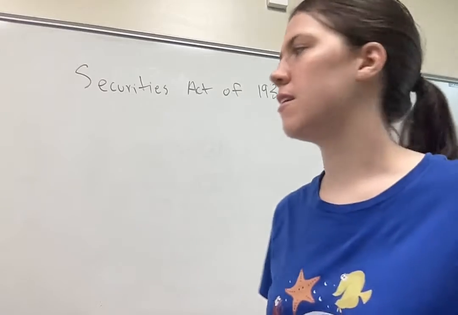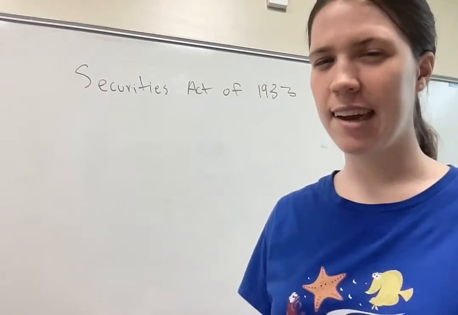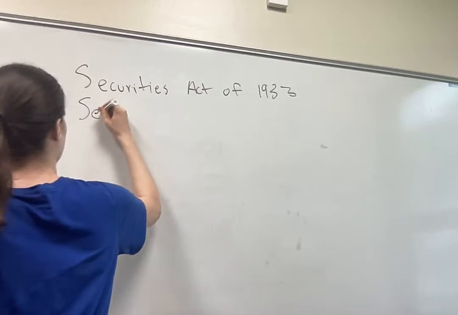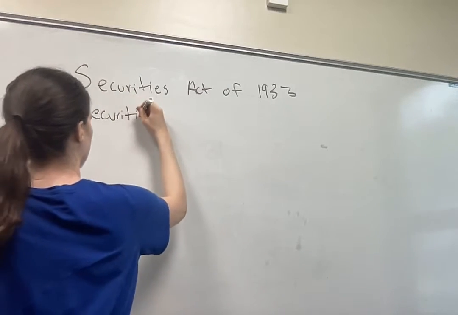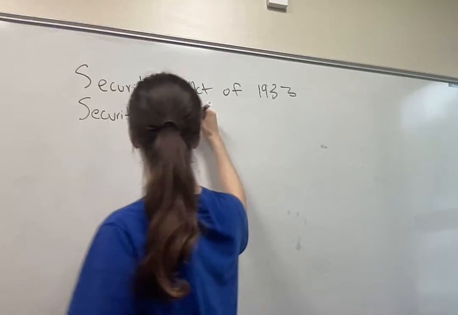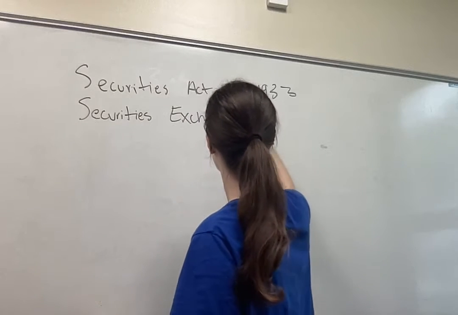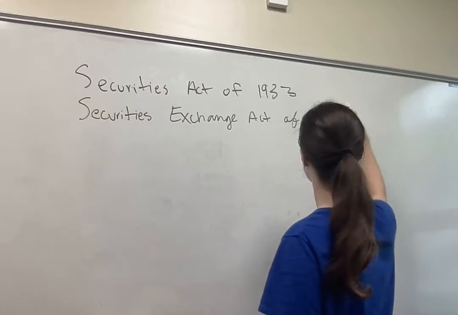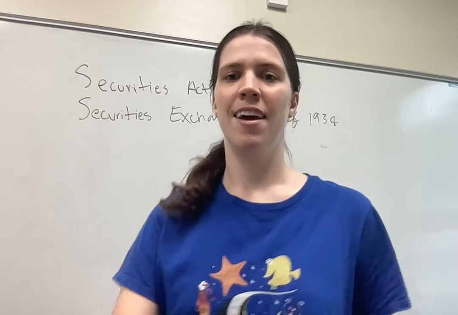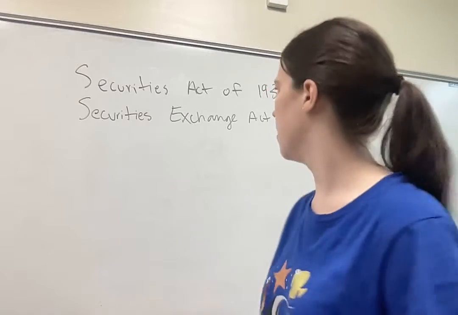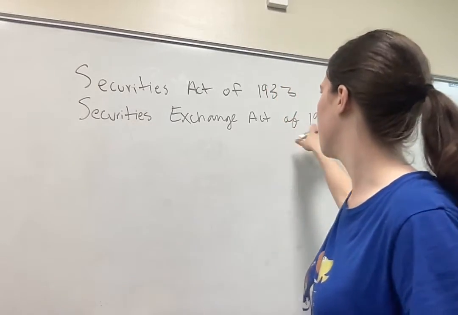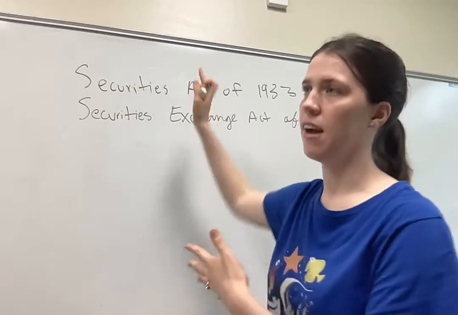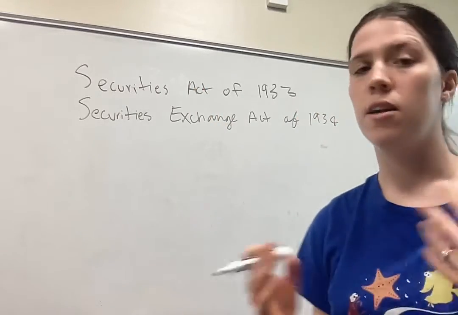The second one we need to know is the Securities Exchange Act of 1934. All right, and the way I like to remember this one is that the Securities Exchange Act of 1934 regulates the next time the securities are sold, so on the second market.